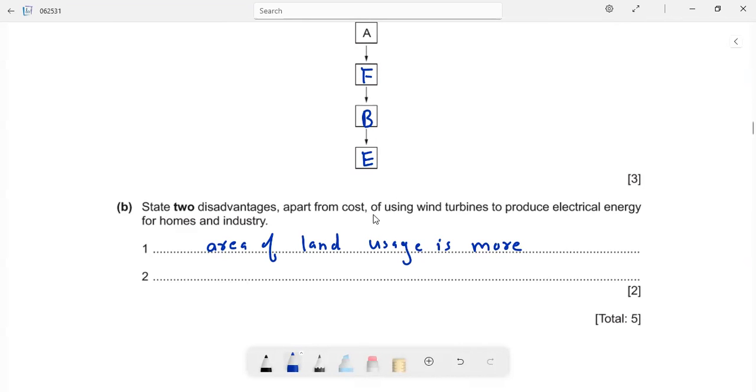If wind is not there, or the wind is very weak, we cannot produce electricity. That is another thing. It cannot work if the wind is too strong, also it will not work, or too weak, also it will not work.